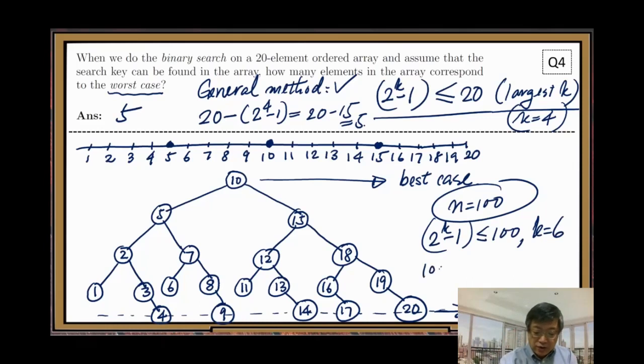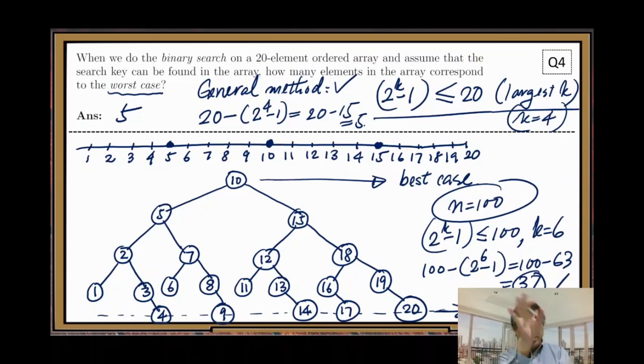So now we use 100 minus 63, which equals 37. That 37 is your answer. When I give you a question like this, you use this general method to get the answer, not drawing this big tree. That is question number 4.